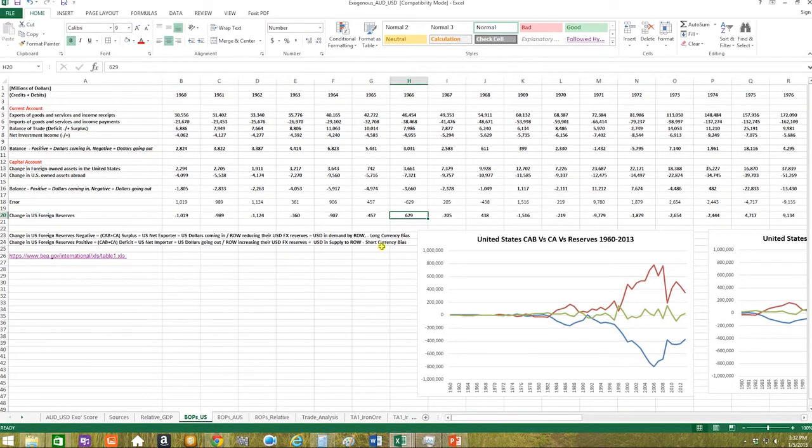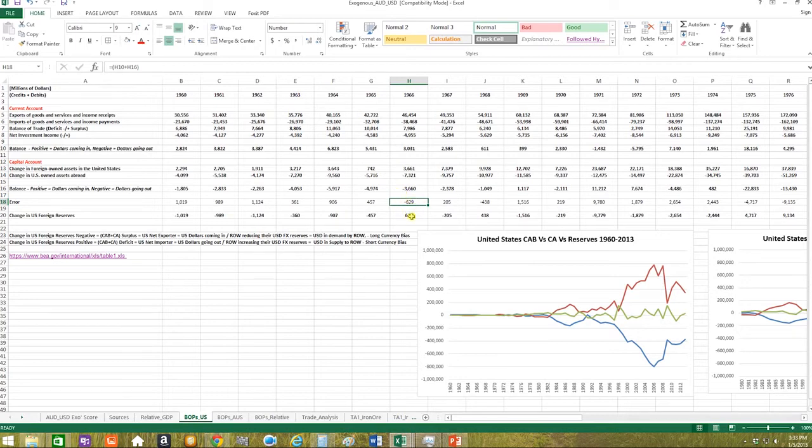So the balancing item is the inverse of the change in foreign reserves for the rest of the world. So when we look at this number, we know that this is the amount of US dollars going out, and the rest of the world is increasing their US dollar FX reserves by this amount.